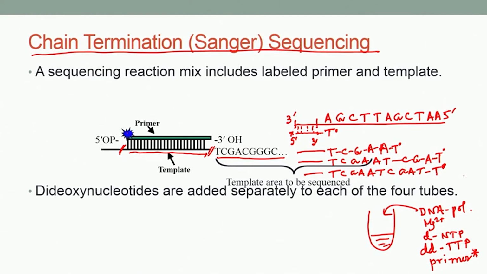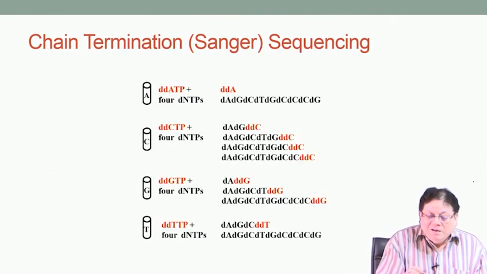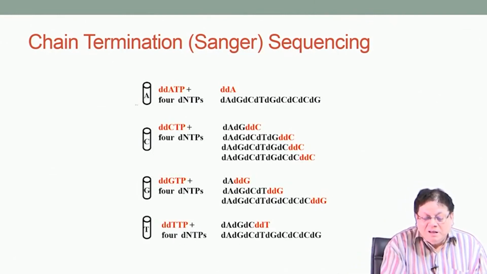So, if you add this ddTTP in one of the test tubes, one of the Eppendorfs, then you will get pieces which are all truncated at T. Okay. So, if that is clear, now the other part will be very clear. This is what is shown here. These are the Eppendorfs.